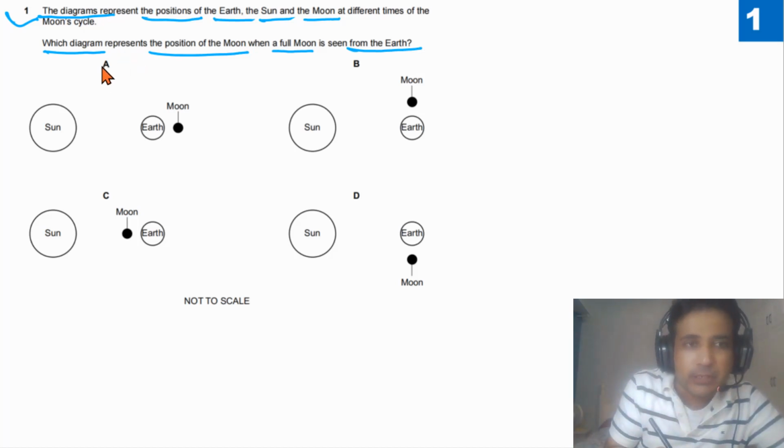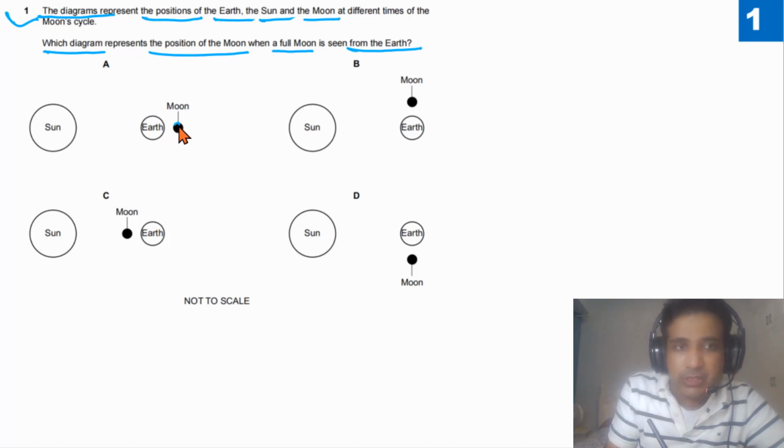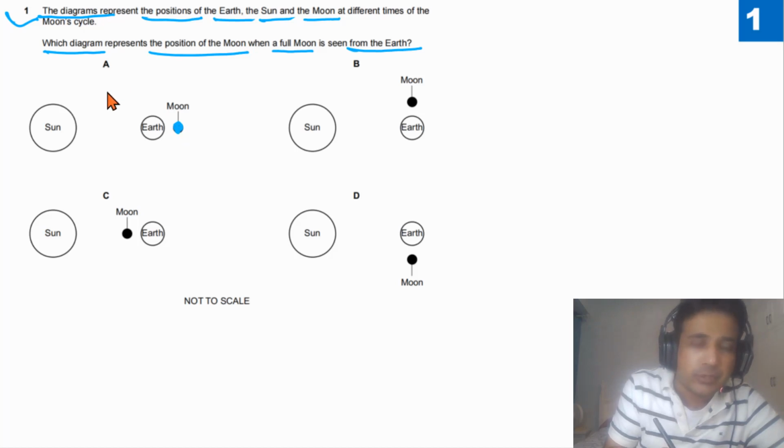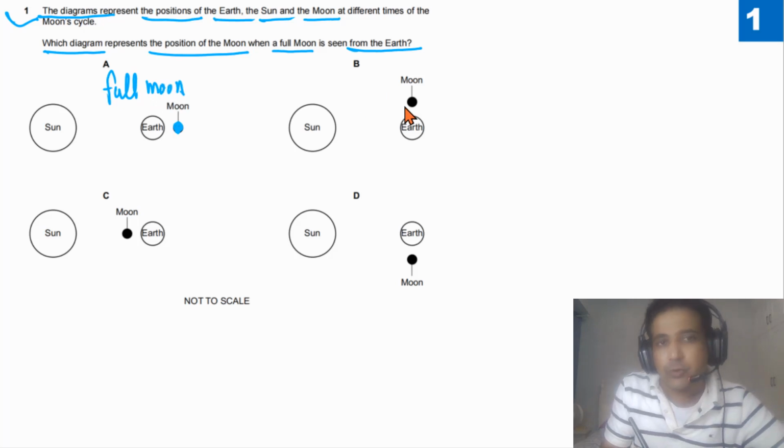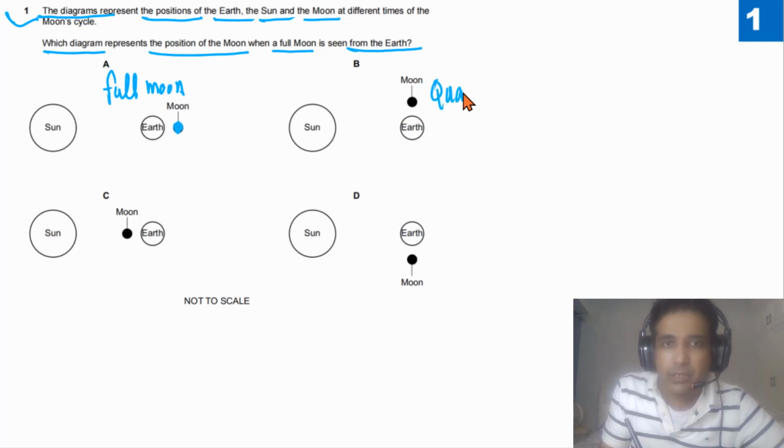Now if you look at the given options, in option A, Earth is between the Sun and the Moon, so in this case we will see the full moon. In the second option, we will see a quarter of the moon, so we can say 1/4 of the moon.